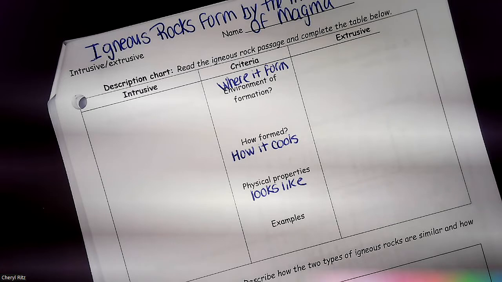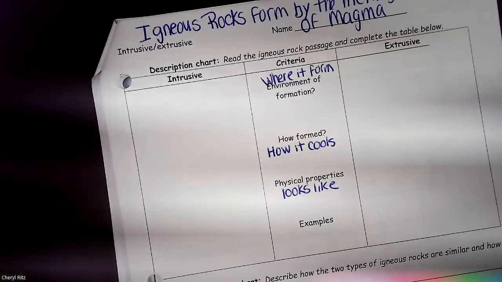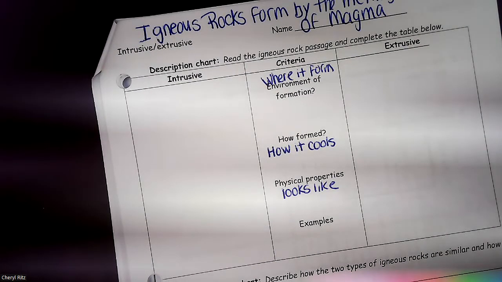You have to be careful to answer the question that's asked, not the one you think I'm asking. So if I say where it forms, magma is not an answer. Where do intrusive igneous rocks form? I said that it came from magma.